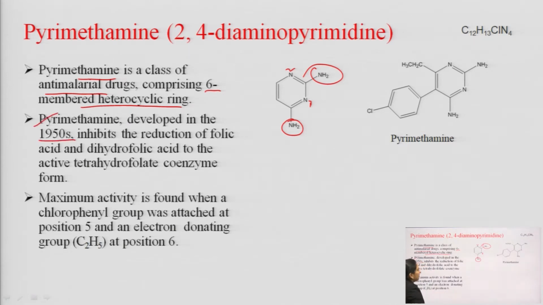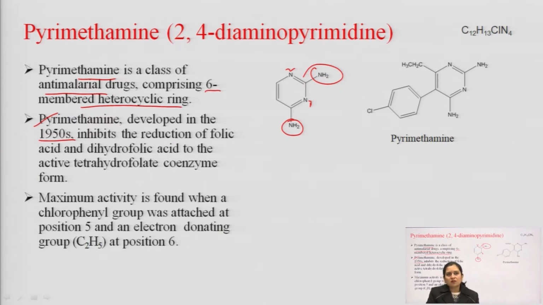Pyrimethamine was developed in the 1950s, and it is responsible for inhibiting the reduction of folic acid and dihydrofolic acid to the active tetrahydrofolate coenzyme.